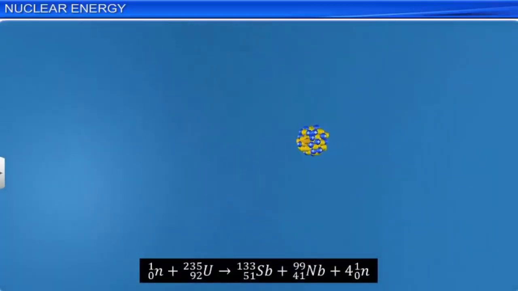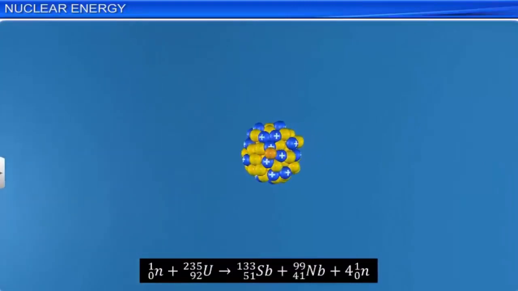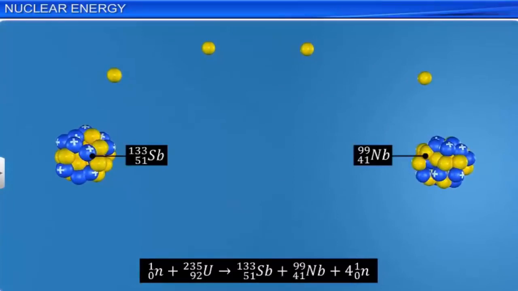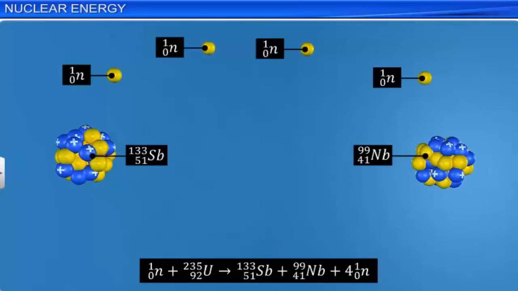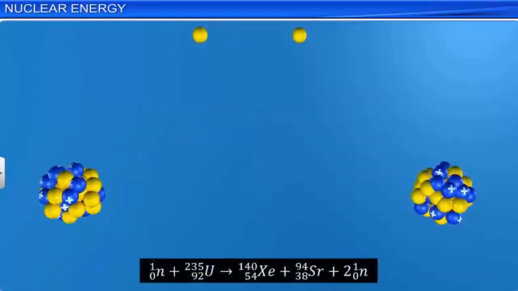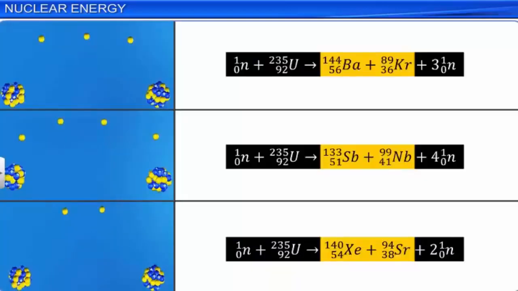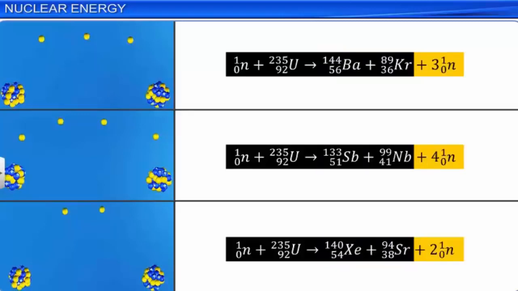The fission products of uranium-235 can also be antimony-133, niobium-99, and 4 neutrons, or xenon-140, strontium-94, and 2 neutrons. Thus, we see that nuclear fission involves the release of neutrons along with other products which may vary. We also see that the number of neutrons released also varies depending on the other products of fission being released.